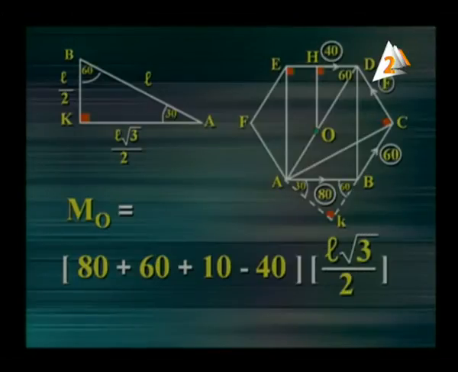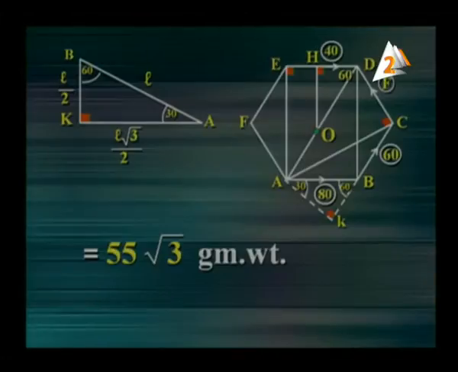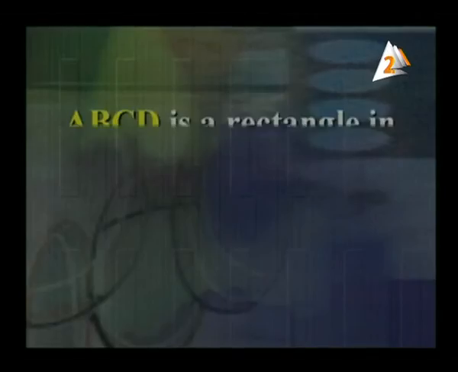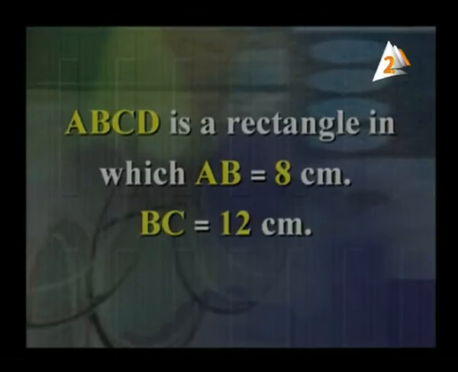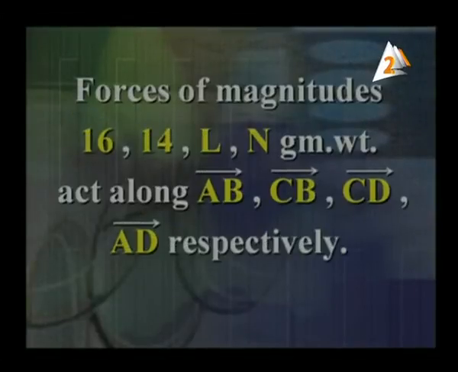ABCD is a rectangle in which AB equals 8 centimeter, BC equals 12 centimeter. Forces of magnitude 16, 14, L and N gram weight act along the direction of AB, CB, CD and AD respectively.